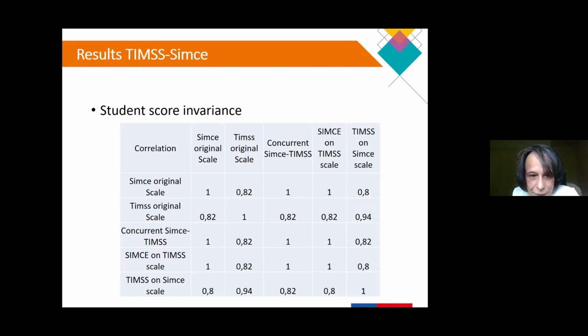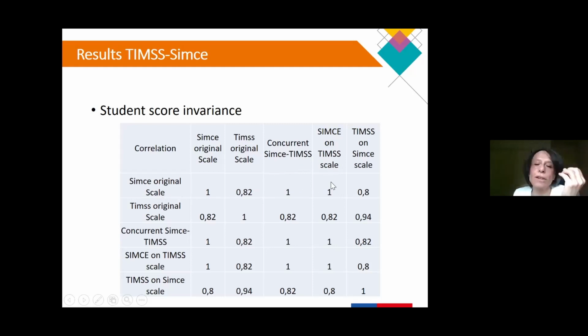Well, in terms of the student score invariance, we got better results. In the original scales, the correlation between SIMCE and TIMSS is pretty high, and the correlation, even if we put SIMCE and TIMSS in the same scale, maintains almost a correlation of 1. And even if we put SIMCE on the TIMSS scale, we got the same ordering.